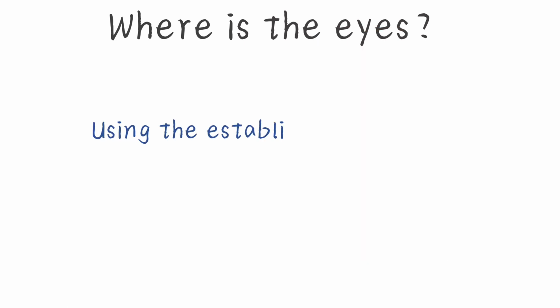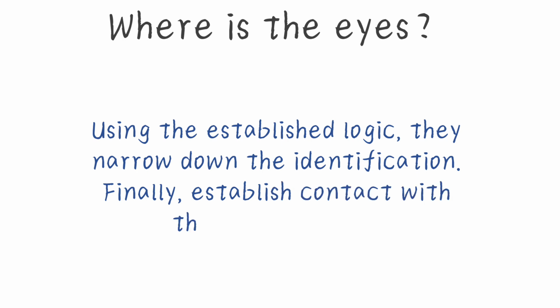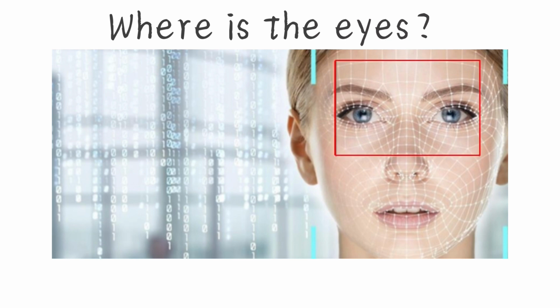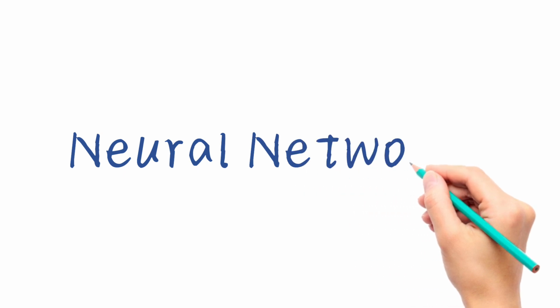Using the established logic, they narrow down the identification. Finally, they establish contact with the target object, which is the eyes. This is the basic logic behind OpenCV's image processing. In this case, they used the technique of neural networks, which will be discussed in a later video.